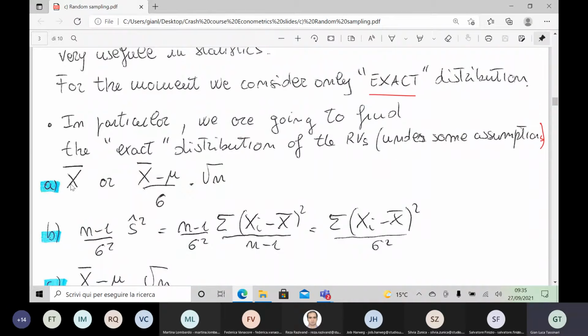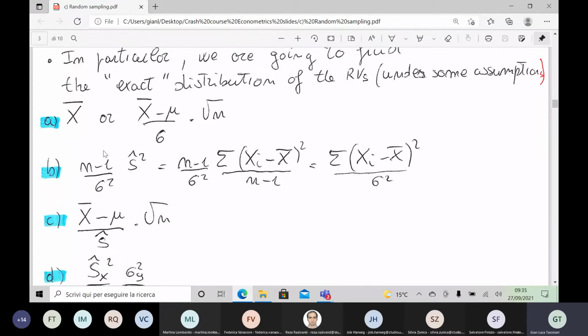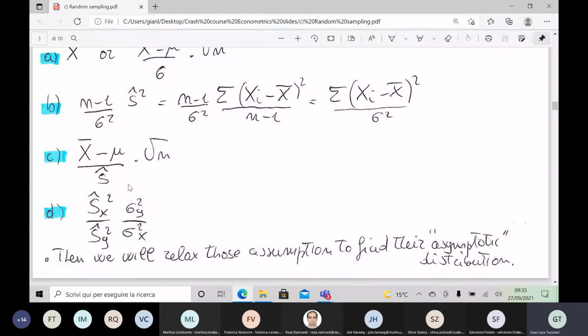Don't read, guys, because I will discuss them one by one. Here I simply anticipate what we are going to see. We want to find the distribution of this random variable, and the distribution of these random variables. I still need to explain everything, so don't be scared.